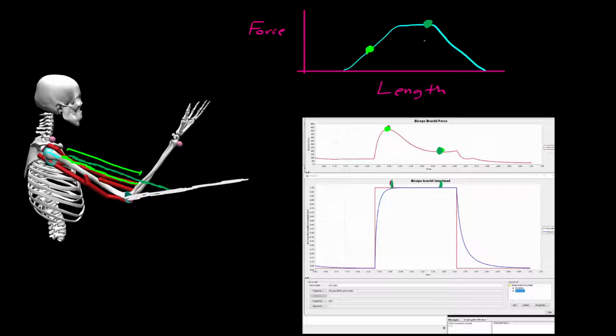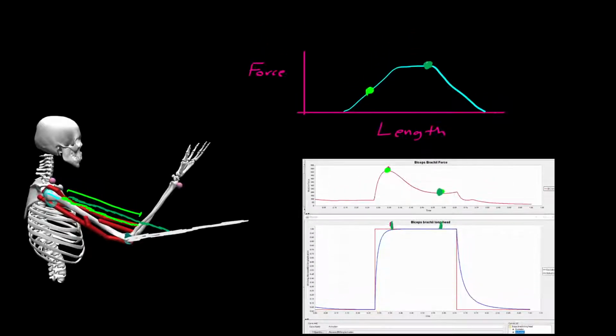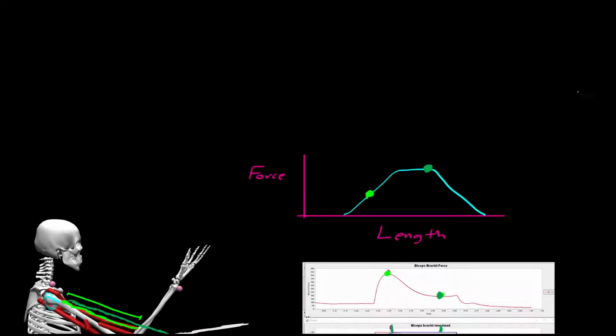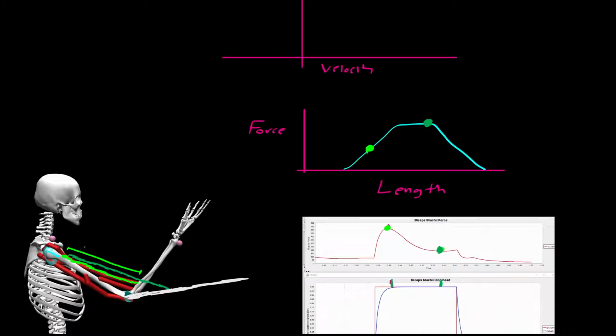One other thing we can think about is the force-velocity relationship. So let's try and recall what that was. We said that the maximum force production capability of a muscle is also going to be a function of its velocity, meaning how quickly this length is changing.